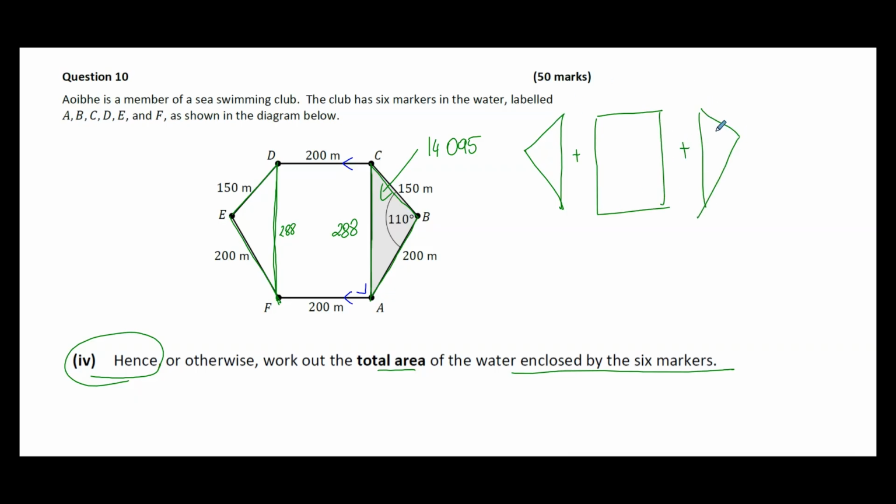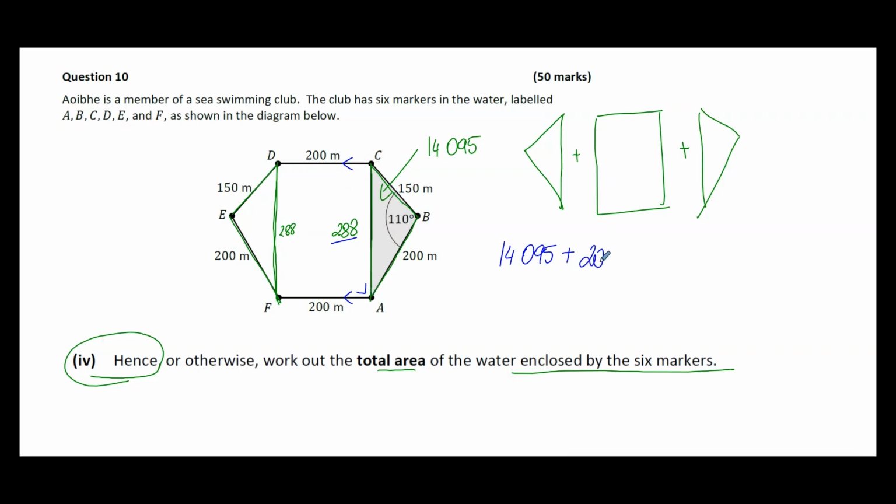Now, both triangles are exactly the same. We actually calculated the area of this triangle, but it doesn't matter, they are the same. So it will be 14,095 plus the area of the rectangle. How do we calculate that? We multiply one side by the other side. That was the reason why the question took us through the step of finding this length, because we need that here in that last part.